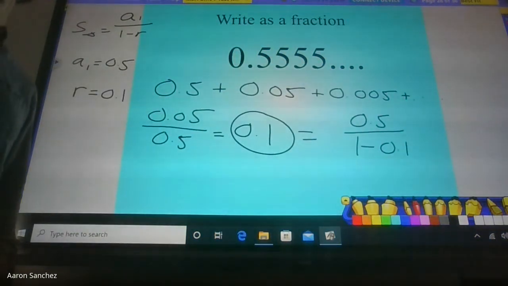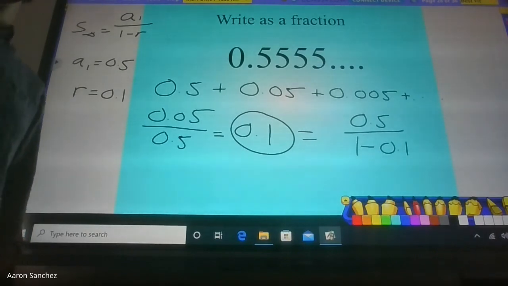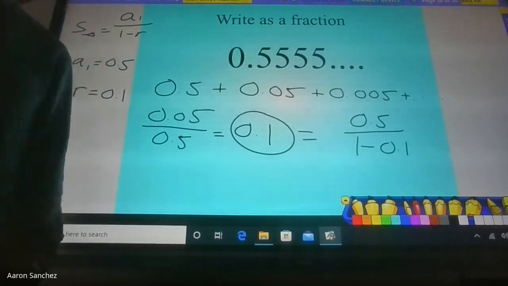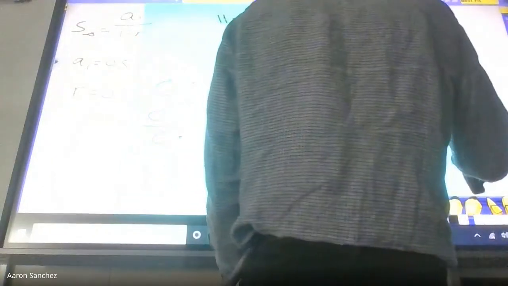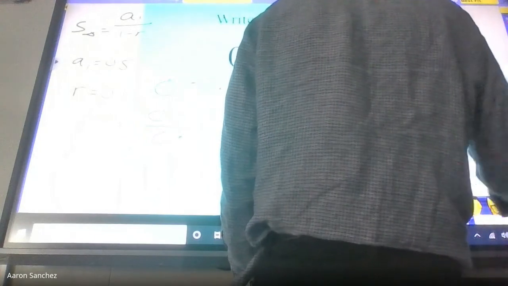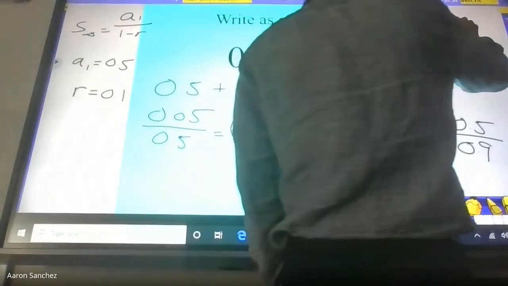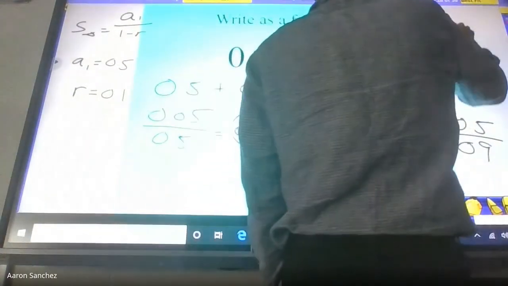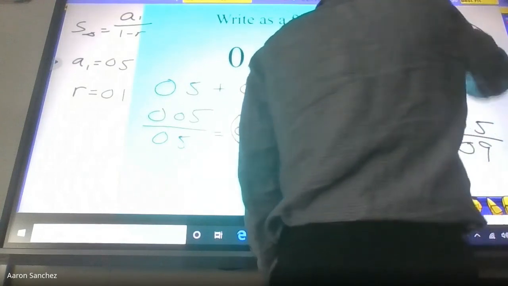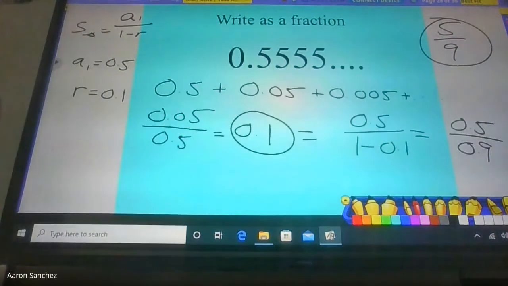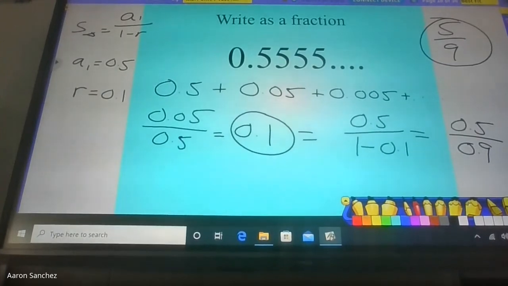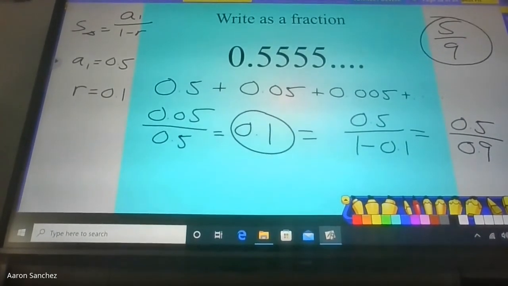What's 1 minus 0.1? 0.9. So it's 0.5 divided by 0.9, which becomes, moving the decimal over, 5/9.